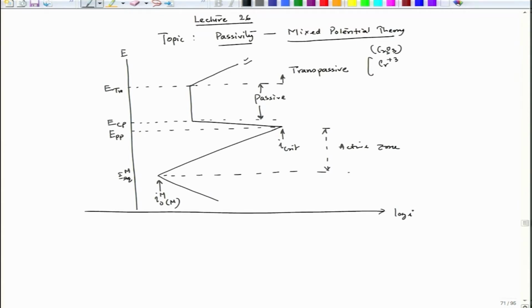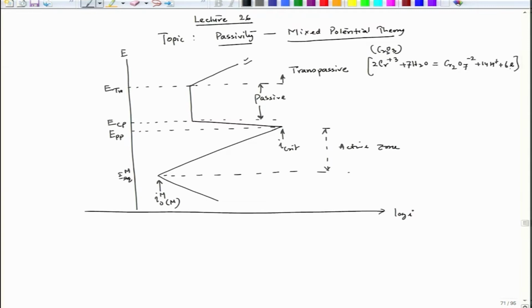Now, the trivalent chromium ion can react with H2O and then form Cr2O7 2- plus 14H+ plus 6e.